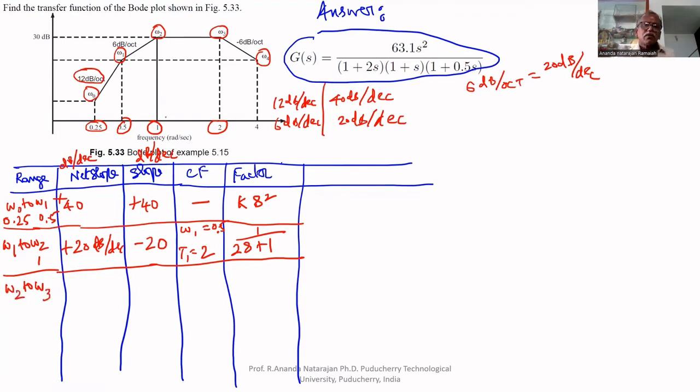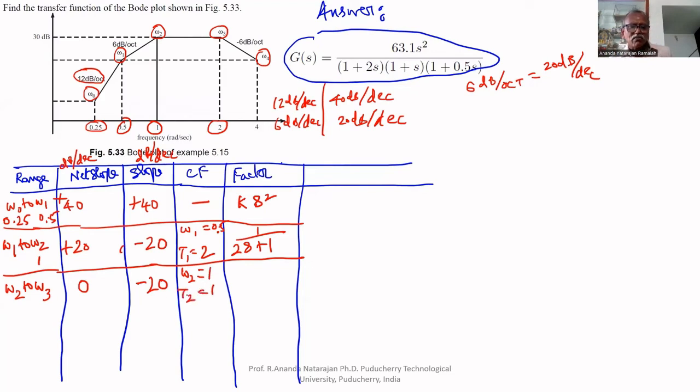From omega 2 to omega 3, the net slope becomes 0. Already it is plus 20. It becomes 0, which means the contribution is minus 20. Therefore, what is the corner frequency, omega 2? It is given in the diagram as 1.